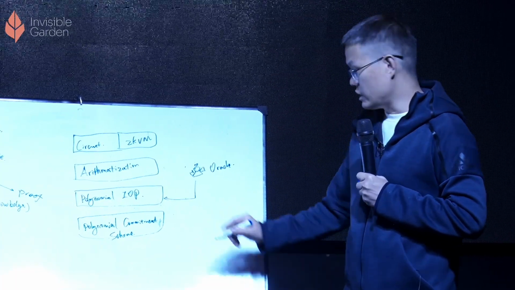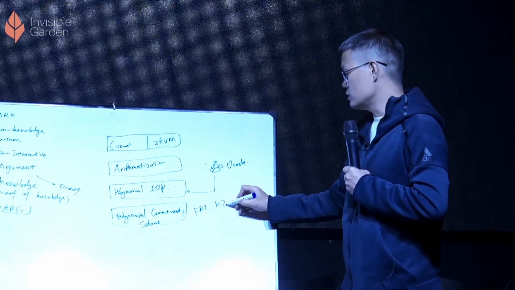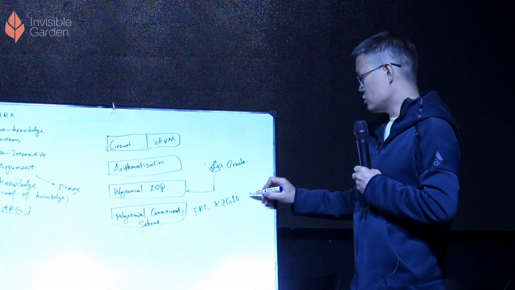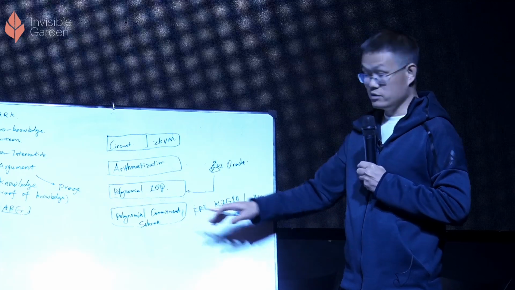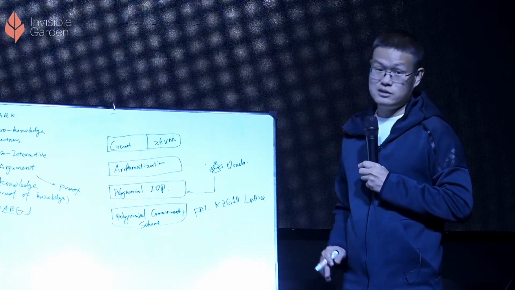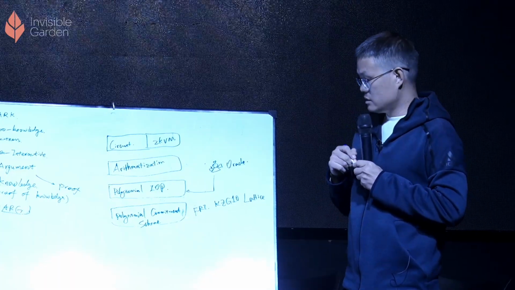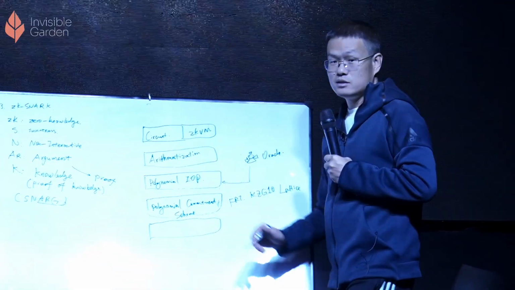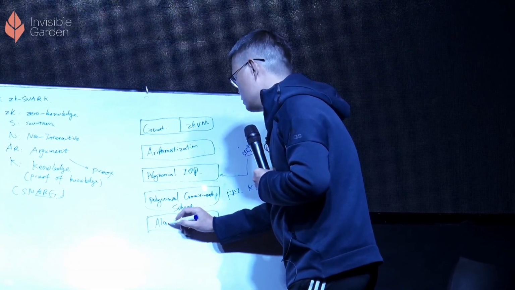For example, here we have FRI, KZG10, maybe quite popular in blockchain, and also lattice-based polynomial commitments and others. There are many. So below polynomial commitments, we have the algebra and math.